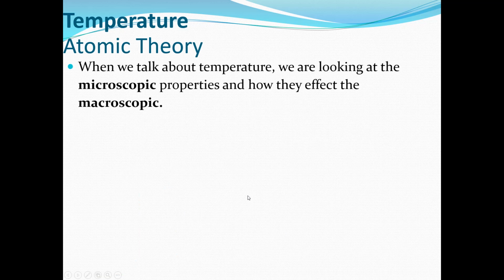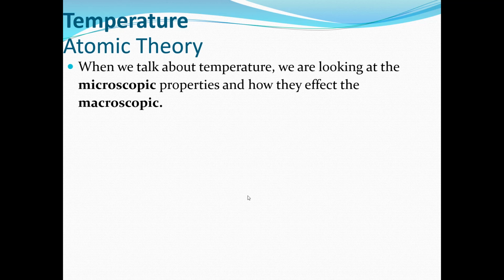Now, whenever we talk about thermodynamics, there's a thing you have to recognize: we tend to have to talk about what's going on at the microscopic level and then how that affects what's going on at the macroscopic level. That's a big thing with thermodynamics: we have to discuss what's going on at the tiny atomic level and then how that's affecting everything from our perspective.